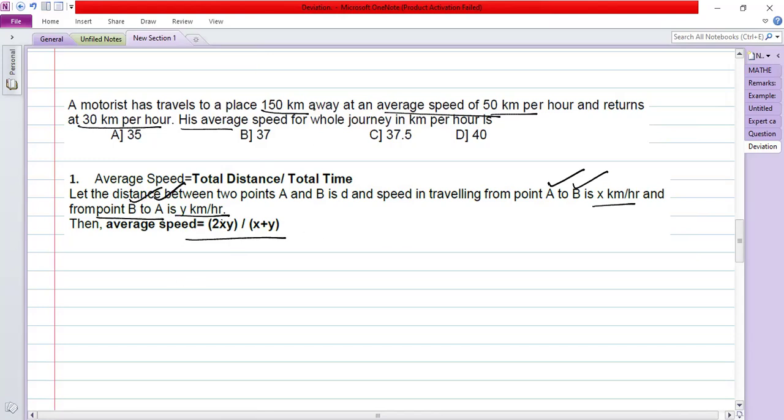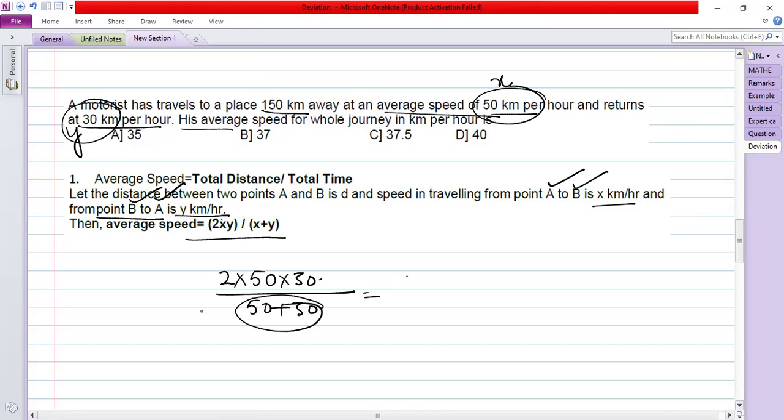So the answer of this question is plain, because here x is 50 kilometer per hour, and y is 30 kilometer per hour. Our required answer will be 2 into 50 into 30 divided by 50 plus 30. Now 50 plus 30 is equal to 80.